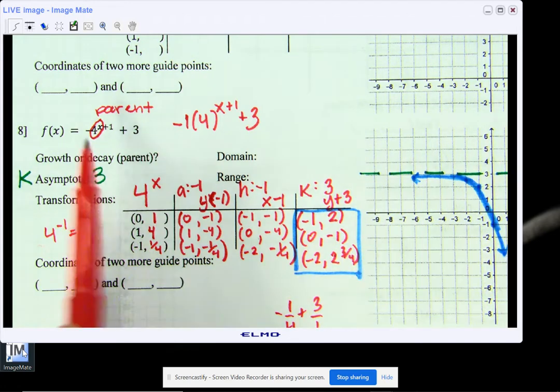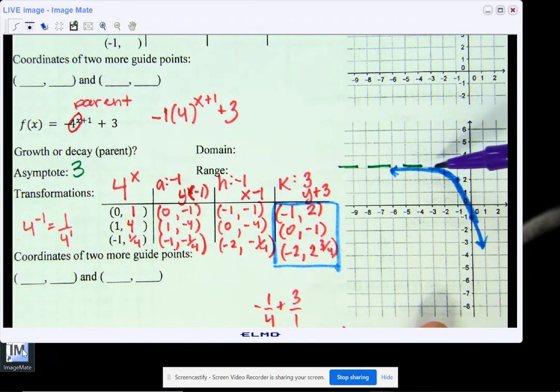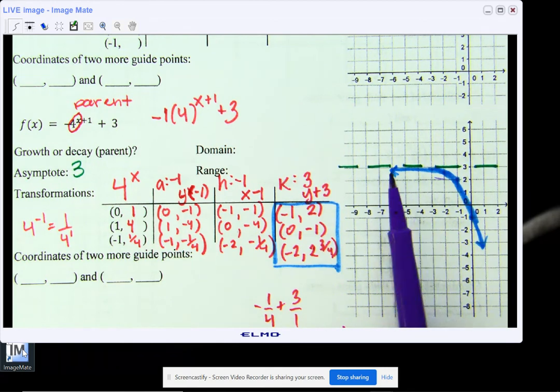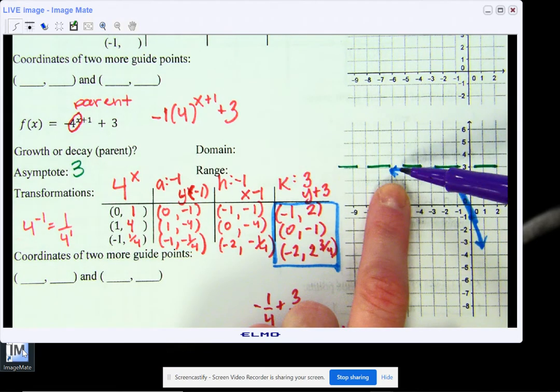Okay, so growth or decay, and it says parent in parentheses. That's because the parent function can actually tell you whether it's a growth or a decay. If you look at the way that my graph is going, it does look like my graph is pointing down, which it is, but that doesn't necessarily mean it's a decay. Remember, if our curve moves away from the asymptote, it's a growth. If we think about what's happening as time is going on here, my numbers are getting further away from this flat spot.